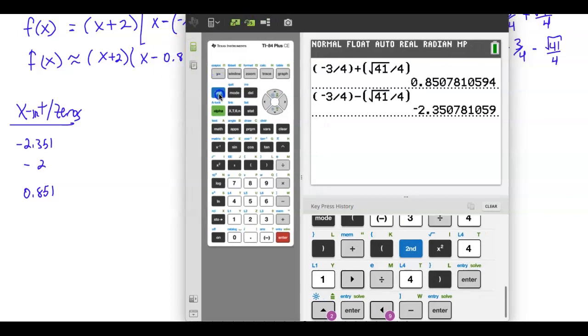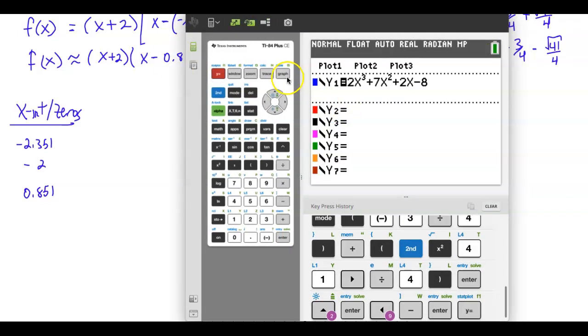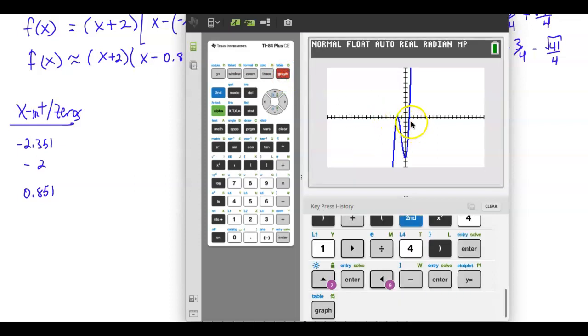So let's go back to the graph of this, and I'm just going to say graph it. And notice how, if we look here, it looks like we have 1 zero here at -2, and that it has an even multiplicity, meaning that it has a double, that its multiplicity is 2, and is going to bounce off of the x-axis, kind of like how we saw in the first example.